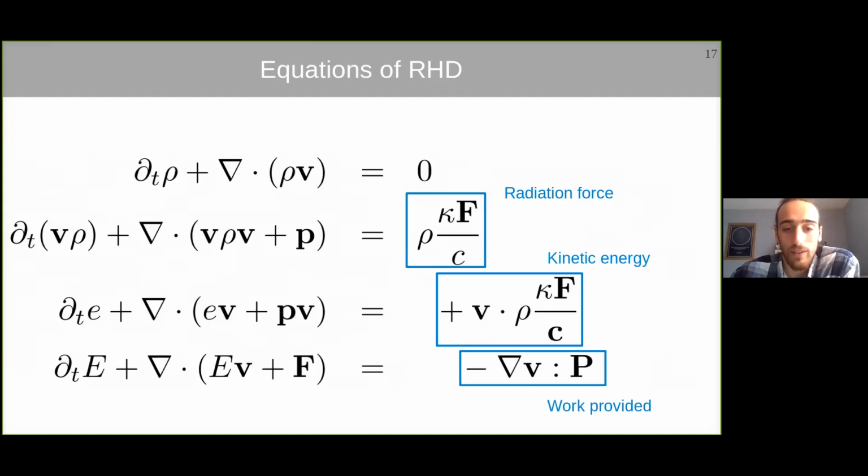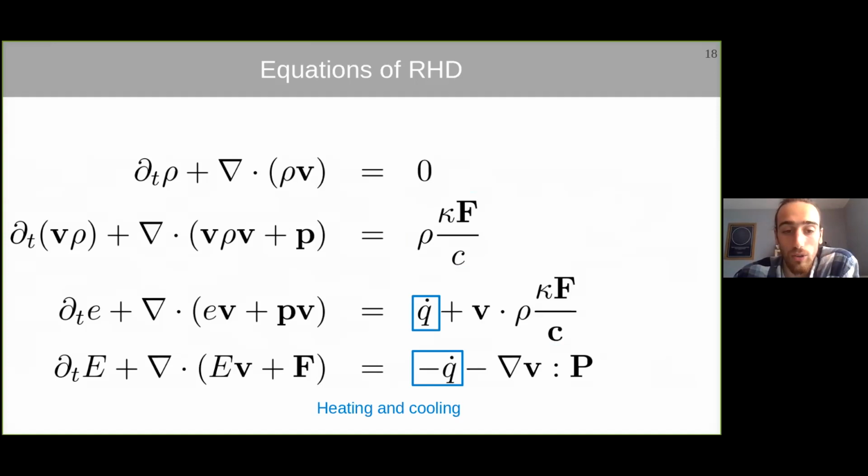And when your radiation is accelerating your gas, that means your radiation is providing a force, or work, and that means that energy should be leaving your radiation system as well. That's also described here with this bottom work-provided source term. Another interaction that we describe is the heating and cooling of gas.